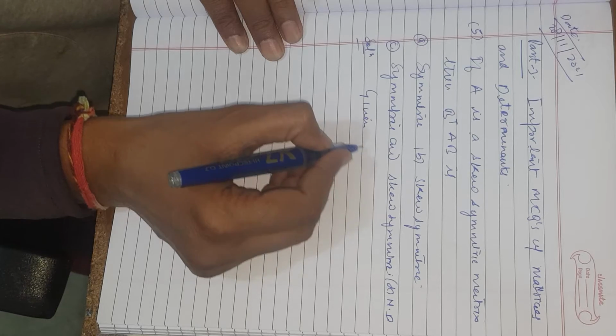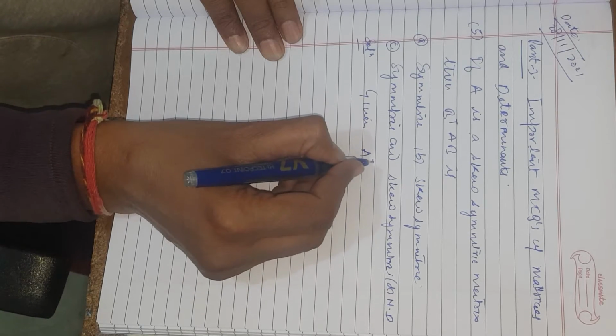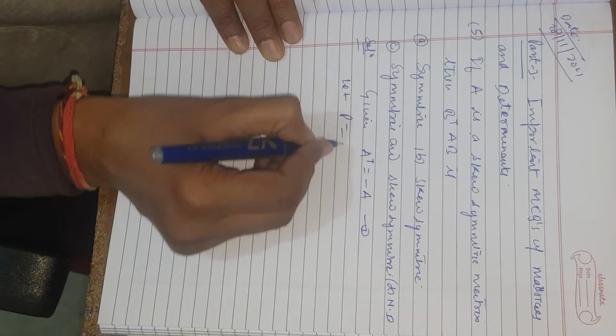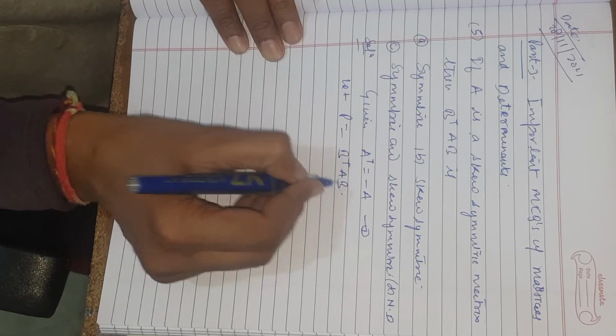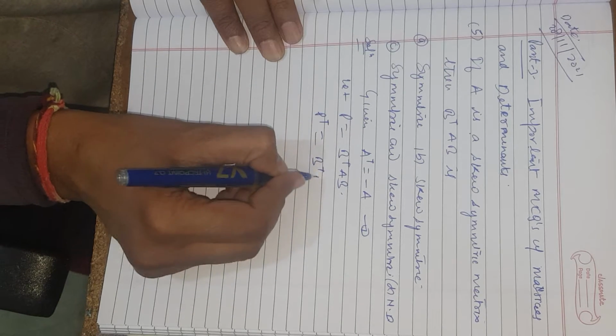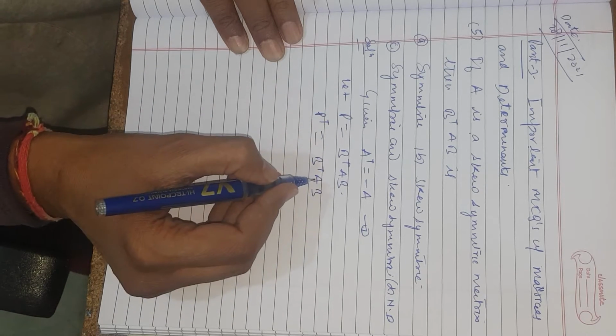Given A is a skew-symmetric matrix, therefore A transpose is equal to minus A. Let P be equal to B transpose AB. Taking transpose on both sides, P transpose is the transpose of B transpose AB.